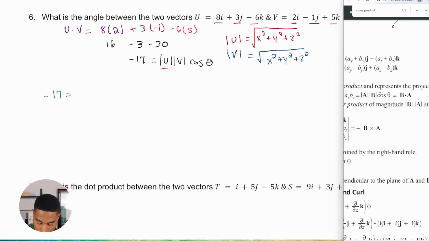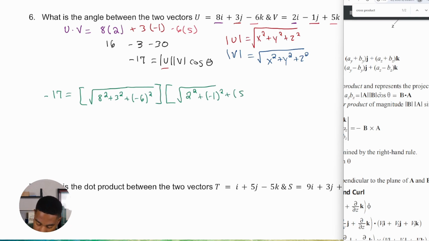So negative 17 is equal to, in parentheses, our U magnitude. So it's the square root of 8 squared plus 3 squared plus a negative 6 squared. Okay. And that's my U. Now we're going to do our V. So it's all over the square root of 2 squared plus a negative 1 squared, and then plus a 5 squared. All right.